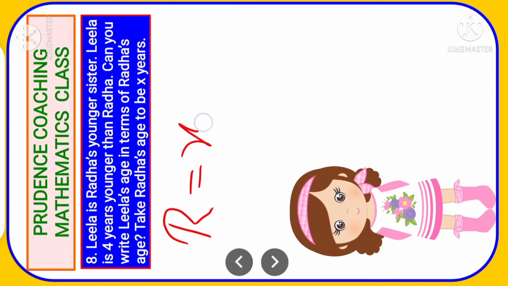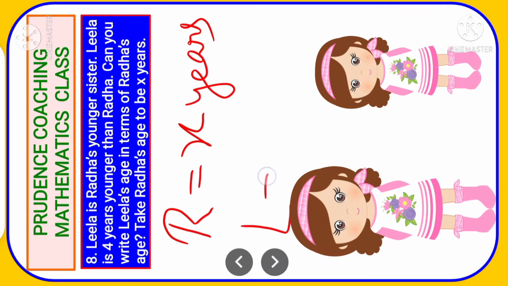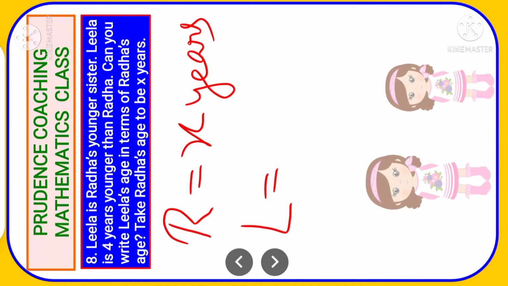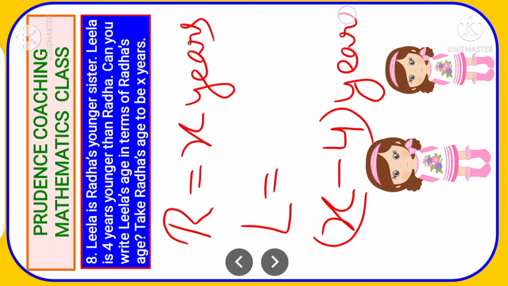So x years is Radha's age according to the question. Now as we know Leela is 4 years smaller than Radha. So Radha's age is x years. From x years, if we subtract 4 years, we will get Leela's age. So Leela's age when Radha's age is given to be x years is x minus 4 years.